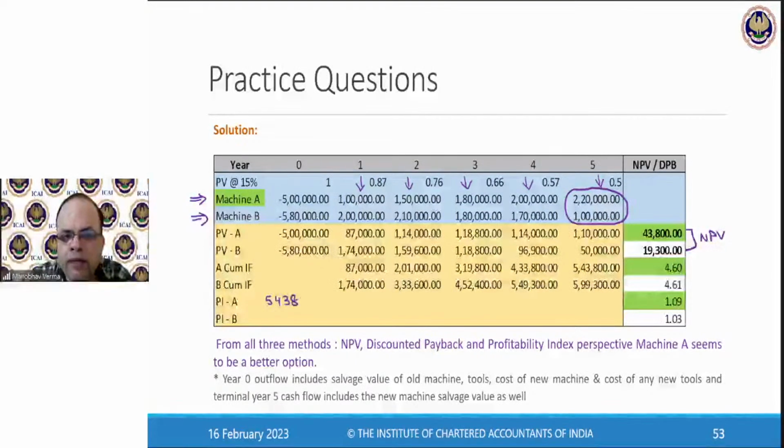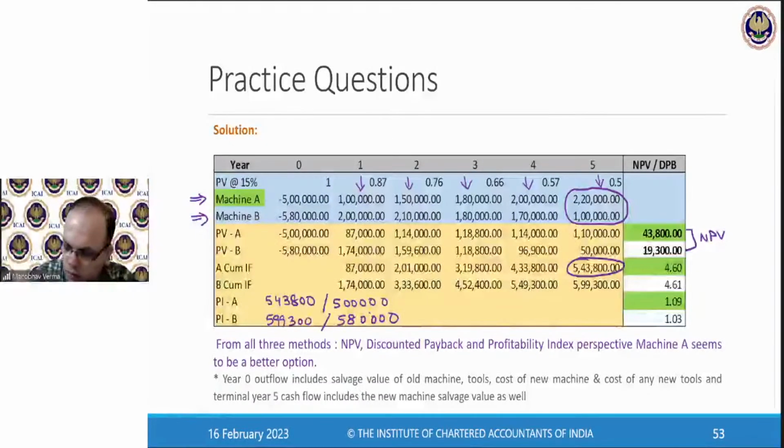From where I am taking this number, guys? We calculated the cumulative present value divided by 5 lakhs, 1.09. And then we have 5,99,300 divided by 5,80,000. You're getting a 1.03.